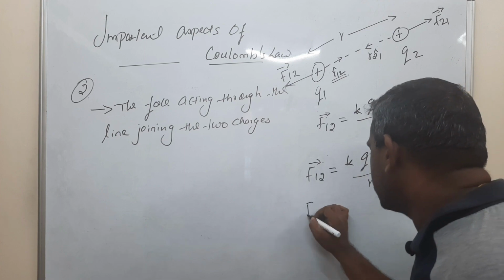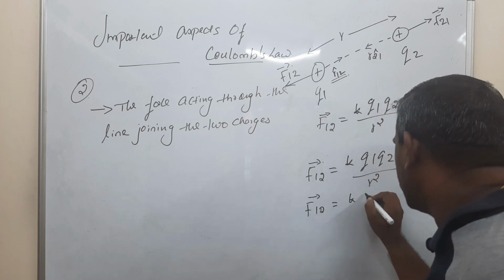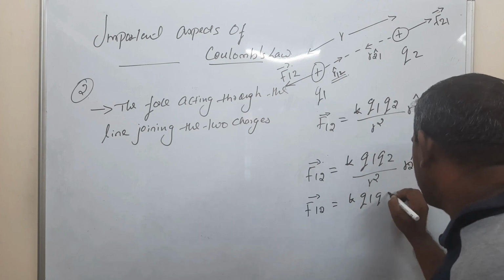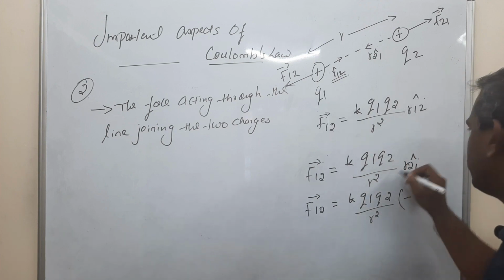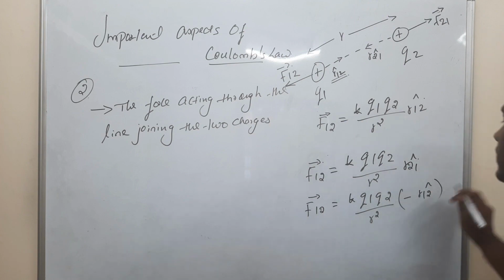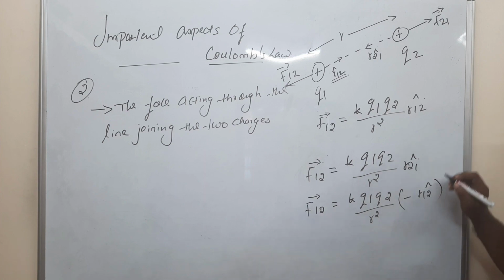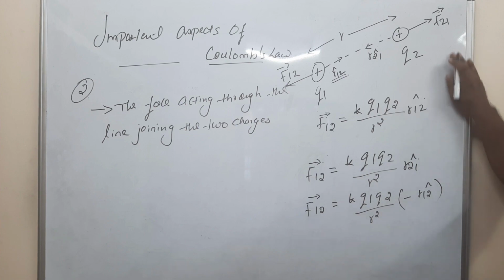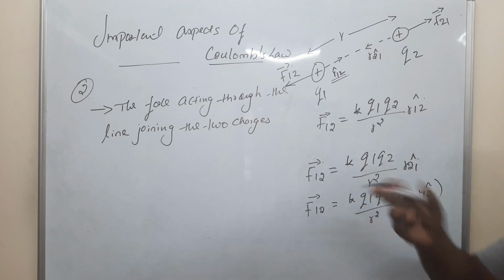Okay, so we can write F21 vector is equal to k into q1 q2 by r square of minus r12 cap. So two vectors having the same magnitude and opposite direction means we can write one vector as the negative of another vector.